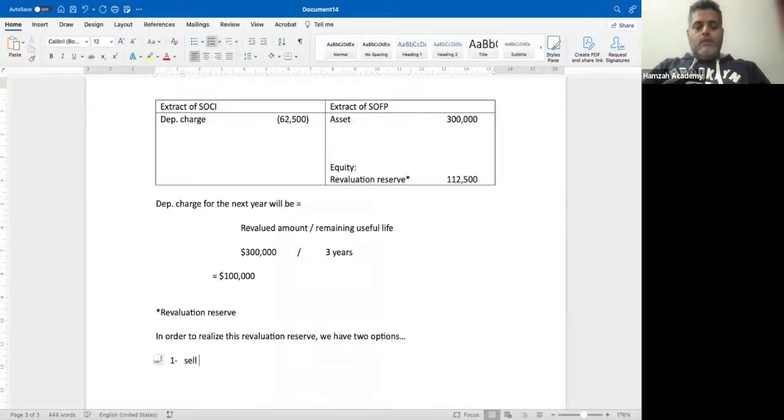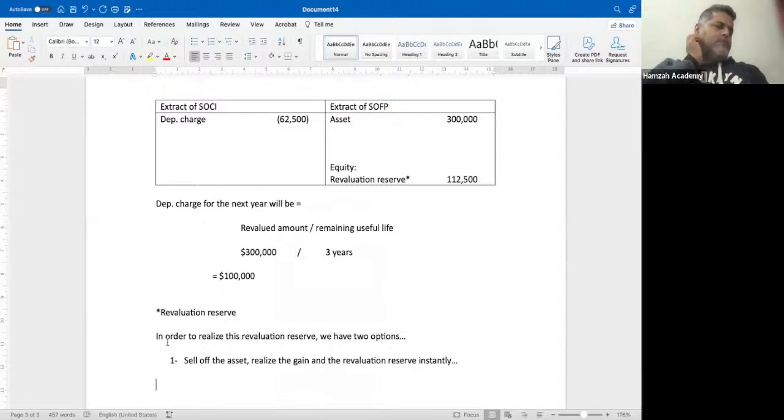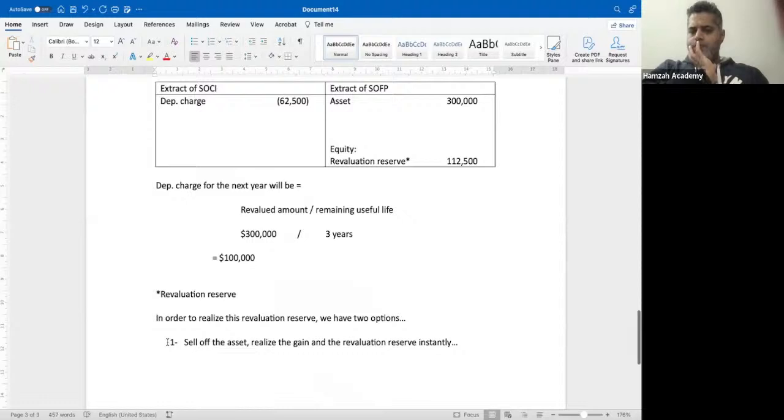One, sell off the asset, realize the gain, and the revaluation reserve instantly. I mean, one option is straight away go sell off, dispose of your asset, straight away realize the revaluation reserve, right?